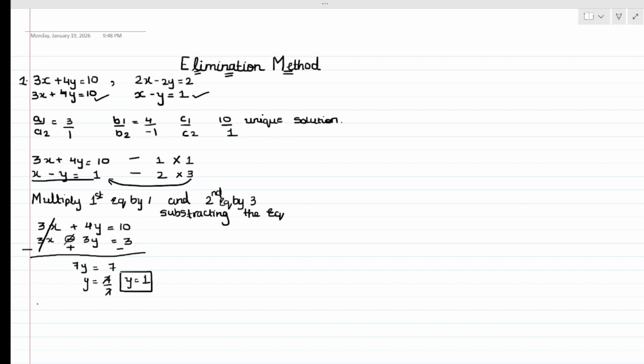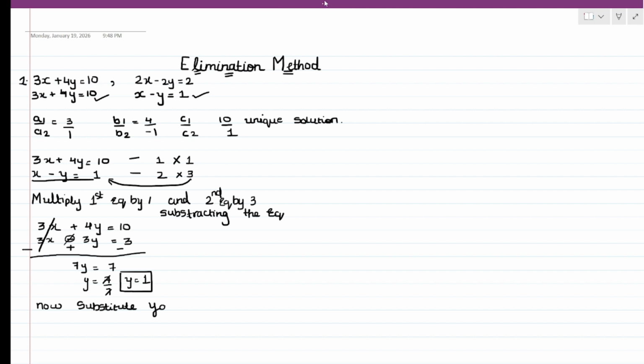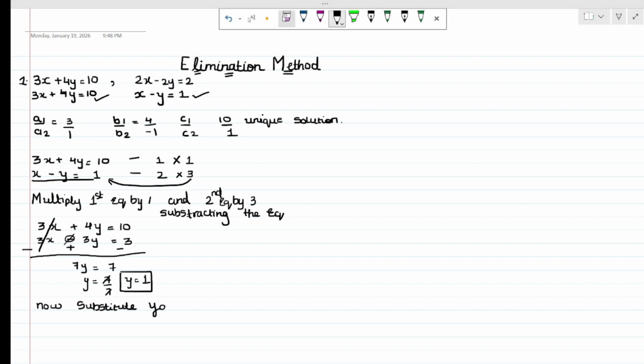So, the next step is to substitute the value of y in an equation. I am selecting the first equation, 3x plus 4y equals to 10, and substituting my value of y in it.